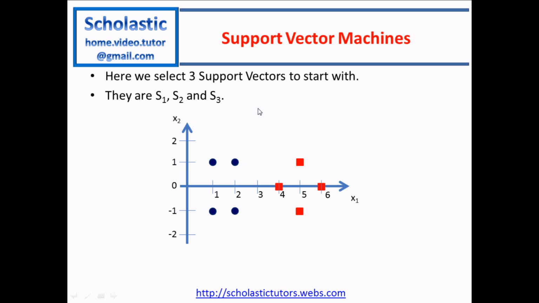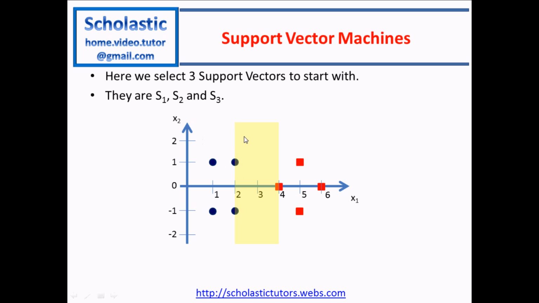The idea of support vectors is to get 3 vectors which are closer to the space in between these two classes. This is an area that can belong to either of the classes depending on how you define the boundary.